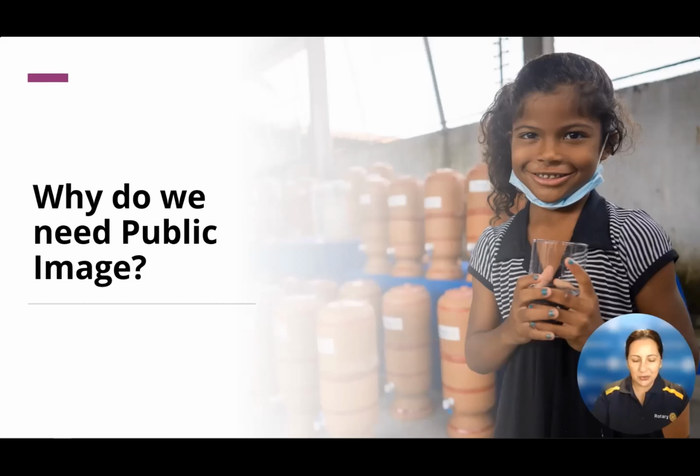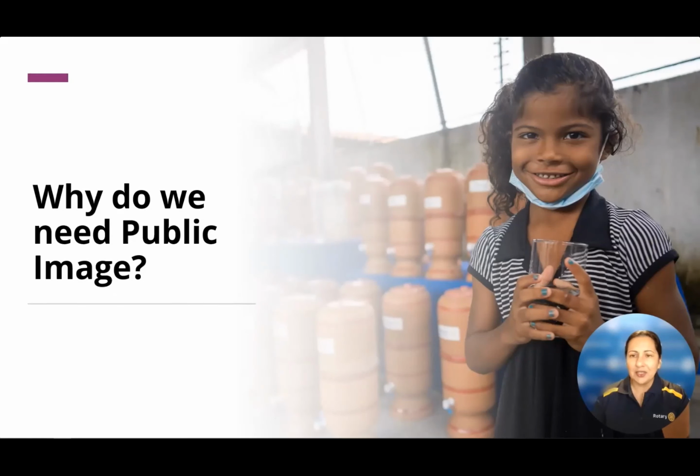Why do we need to do this? Well, Rotary can no longer be the silent giver. The world has changed and we are up against fierce competition with many other organizations who want to help communities in various ways. We need to become technologically aware and use it to our advantage as much as possible to show our point of difference. What is our point of difference?